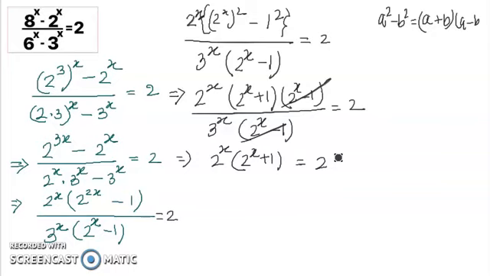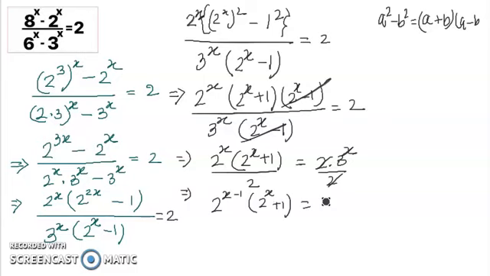Now dividing both sides by 2, what do we get? We get 2^x and 2^1. We can write 2^(x minus 1) times (2^x plus 1), the 2s cancel. Here we can write 3^x.